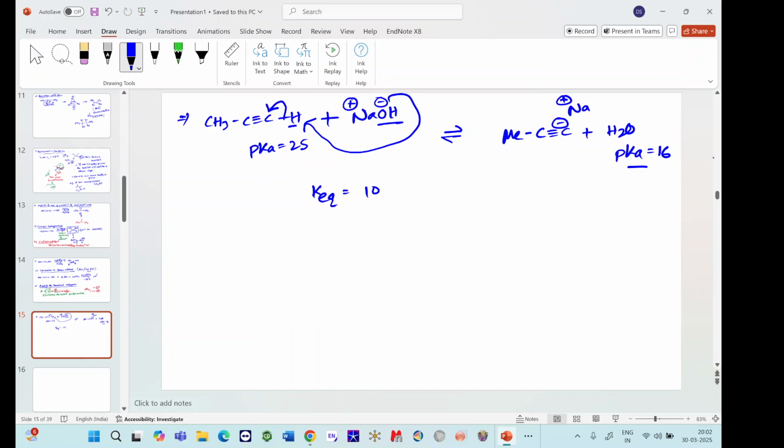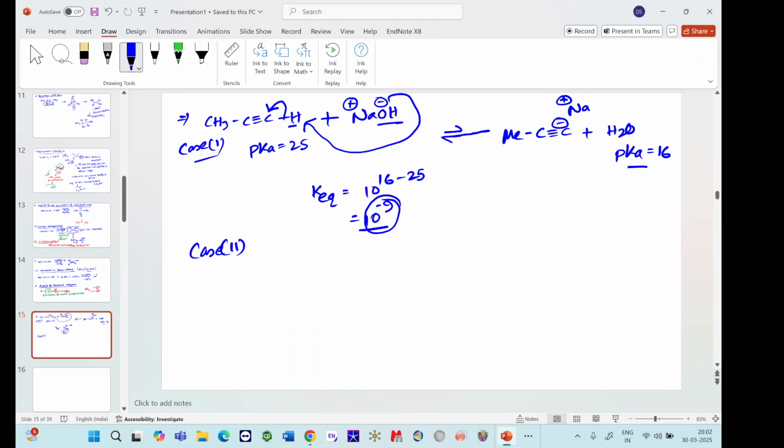So let me just compare it. We are getting 10 to the power minus 9. So it is very, very low. So we can think that the reaction will be mostly favored on the backward side. So this reaction is not favorable actually. Comparatively, this is case 1.